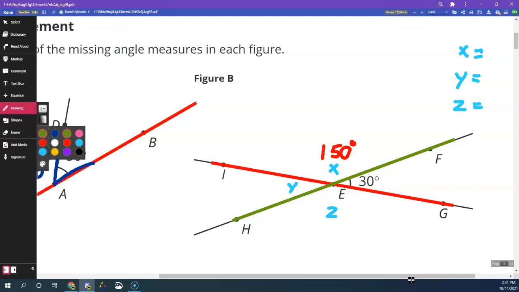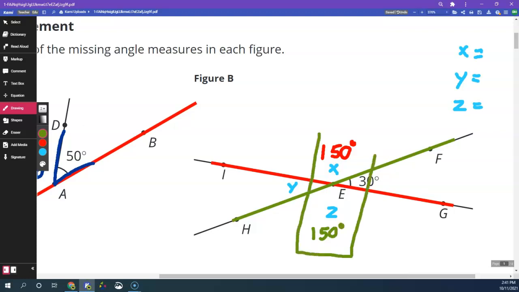Of course, this also reveals a truth about intersecting lines, something called vertical angles. You see how these two angles are supplementary to 30, and they come out to be equal? It's kind of like a scissor.